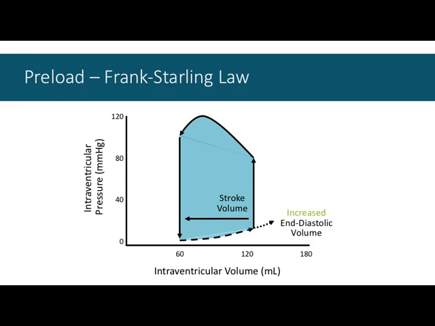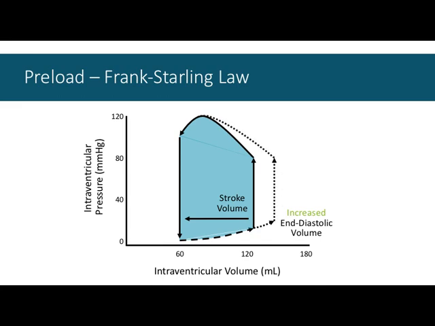Notice, if we increase volume, we also increase pressure. We're following the length tension curve of the muscles in the heart. The more we increase volume, the more that muscle is stretched, the more pressure there is within the ventricle. If you kept loading and loading, you would also continue to increase pressure. So if we increase end diastolic volume, pressure is somewhat higher.